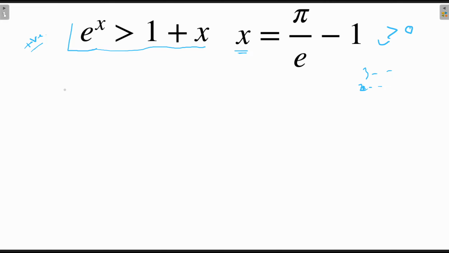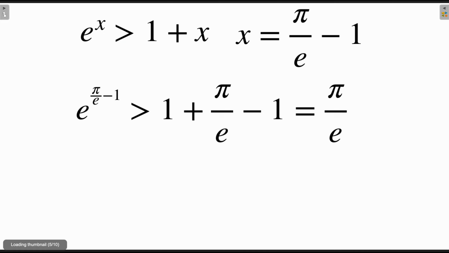So for x equal to pi by e minus 1, what do we get from this inequality? On this side we get 1 plus x, which is 1 plus pi by e minus 1. The minus 1 and 1 go away, and we get pi by e.